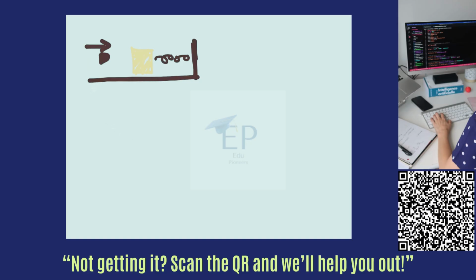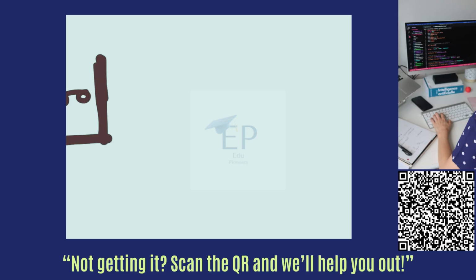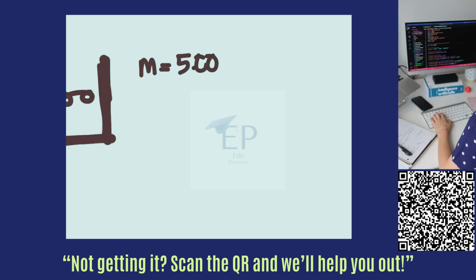So our known values here are that the mass of the block is 5.00 kilograms. We know that the spring constant is 6,000 newtons per meter.